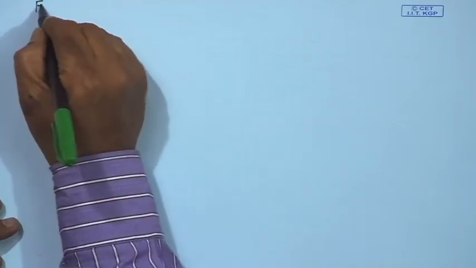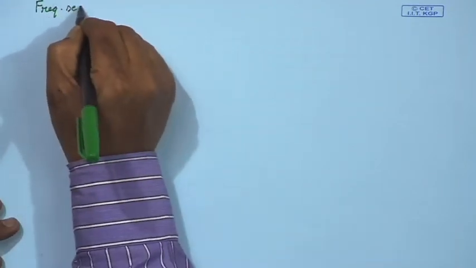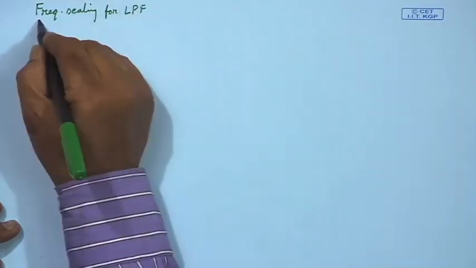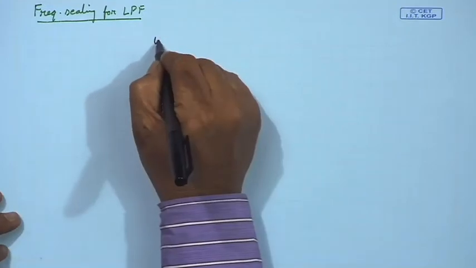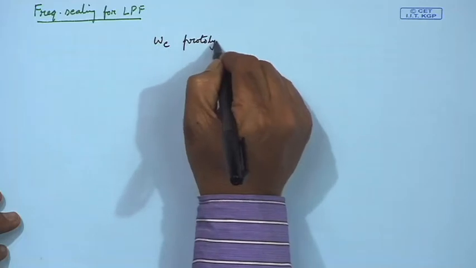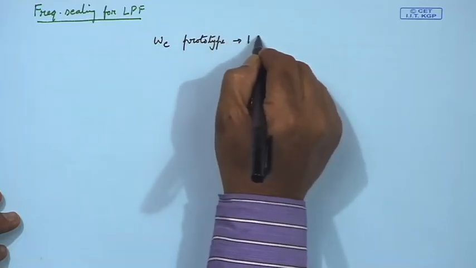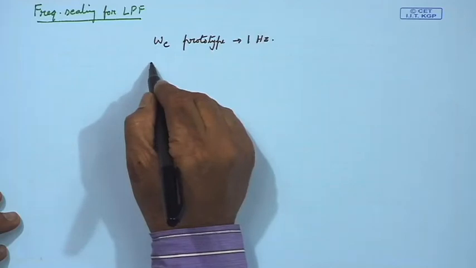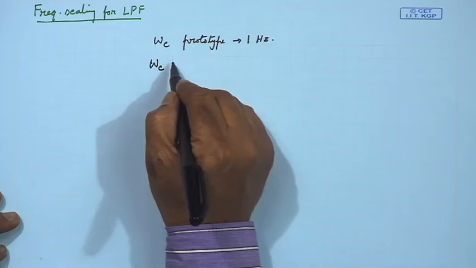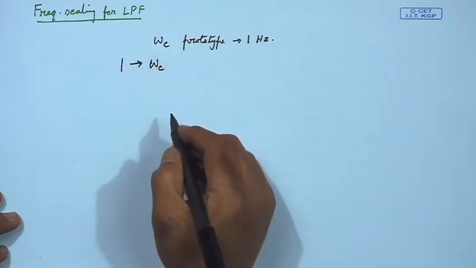Then we will see the second variety, frequency scaling for low pass filters. Omega c in a prototype is 1 hertz, but we need to change to some other value omega c. From 1 to omega c we need to scale.